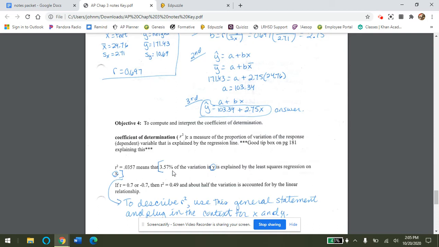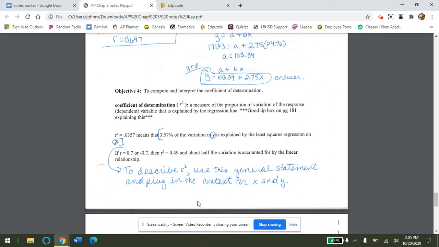Okay, you're going to use this general statement that I put in these brackets to describe r squared, but you're going to plug in whatever the r squared is, take out the letter y and put in whatever your y variable is in the context of the problem, and take out x and put in whatever your x is in the context of the problem. Okay, and I explain this in part D on the problem on the next page. So that's r squared, and we'll come back to this.